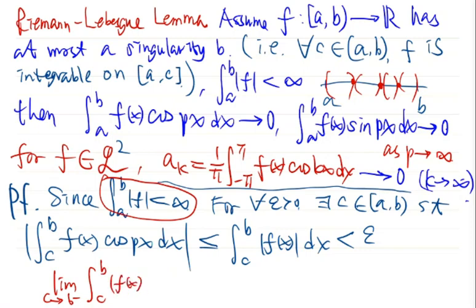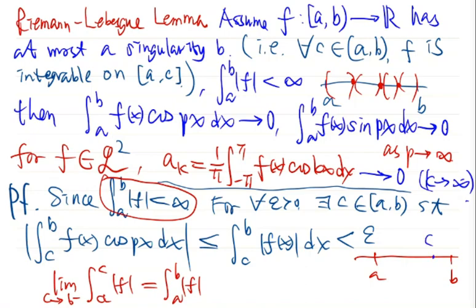This is exactly the integral on [a, b]. Therefore, when c is very close to b, the integral in this part is very, very small.